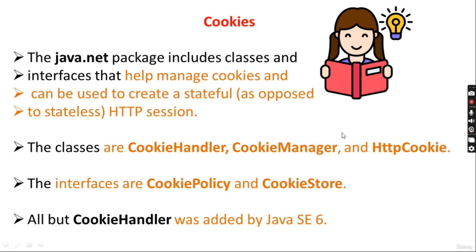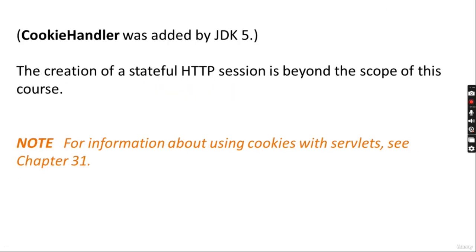Those classes and interfaces include CookieHandler, CookieManager, HttpCookie, CookiePolicy, and CookieStore. CookieHandler, CookieManager, and HttpCookie are classes, and CookiePolicy and CookieStore are interfaces. All but CookieHandler were added by Java 6. CookieHandler was added by Java 5.